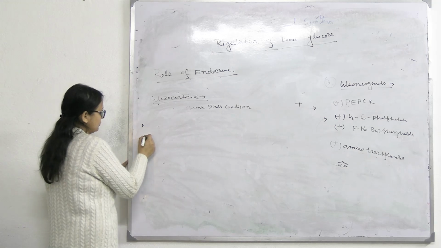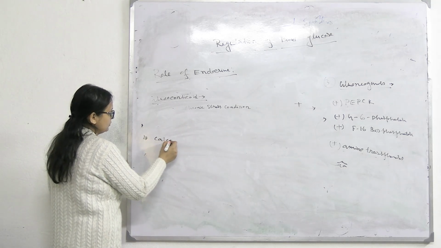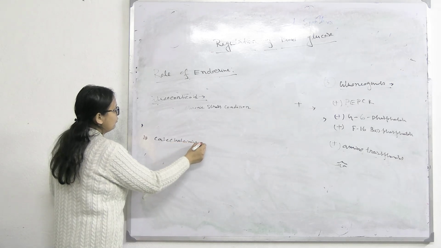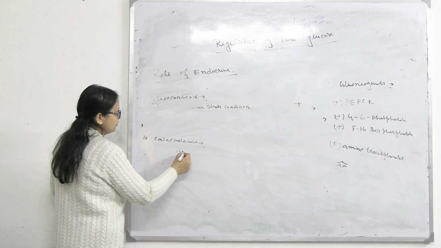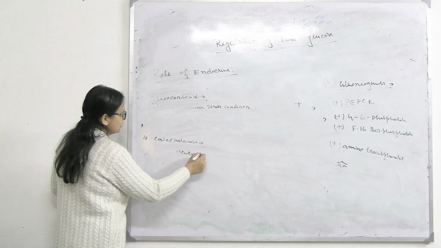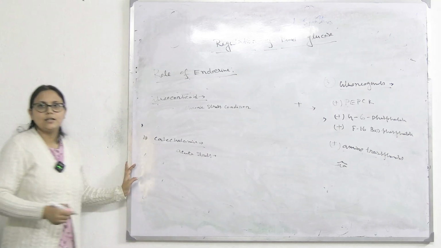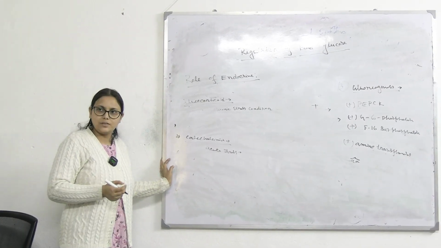Now next, role of catecholamine. Catecholamine is synthesized when the body is in acute stress condition. Acute stress means physical exercise, exposure to cold environment or psychological emergency condition.